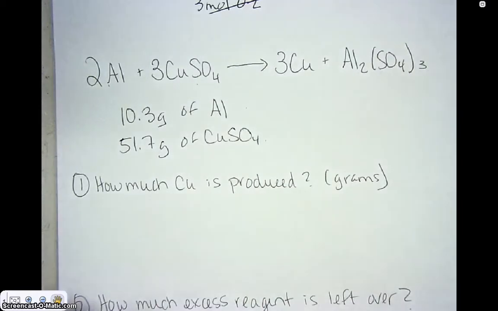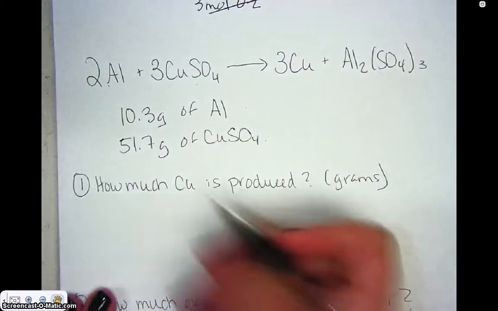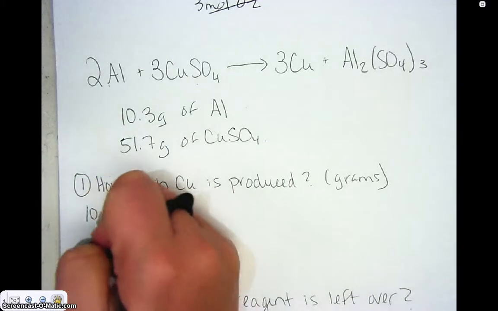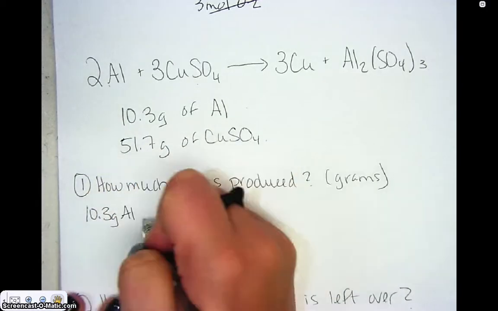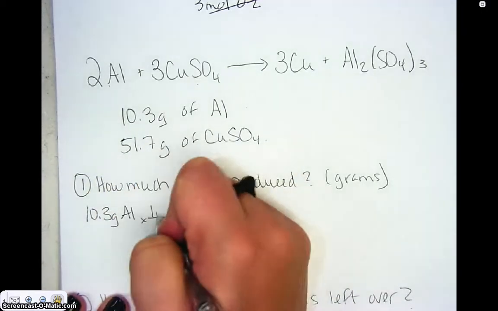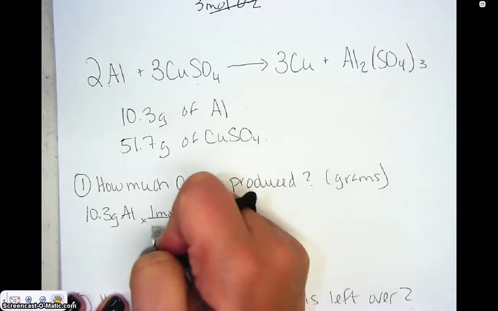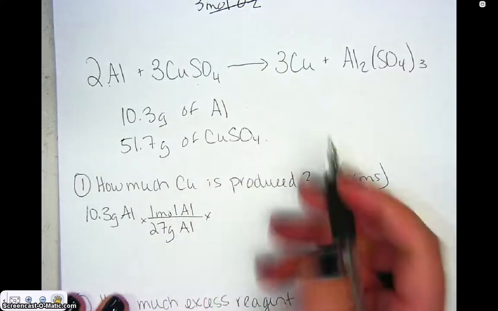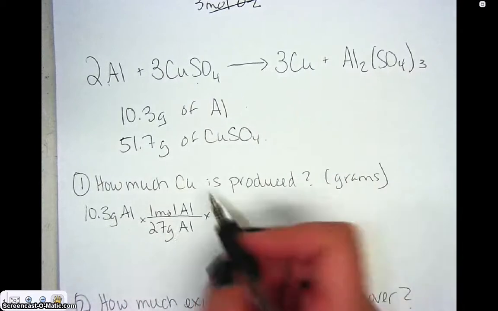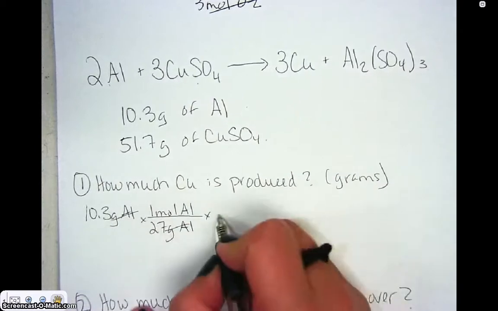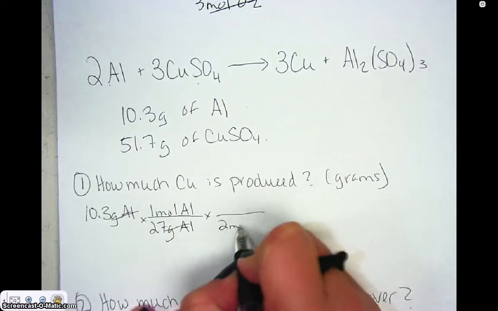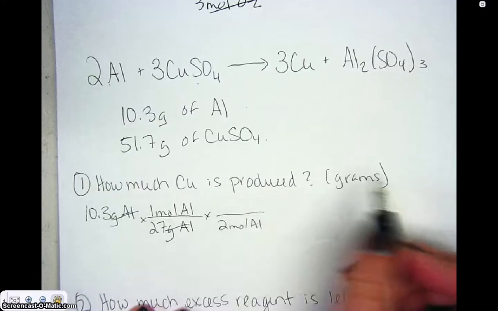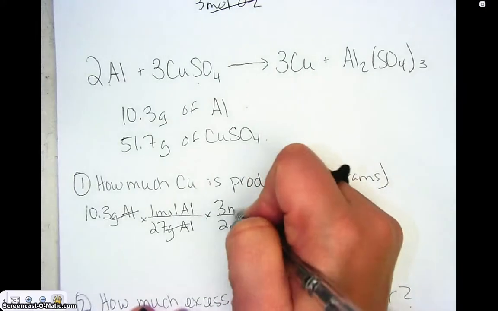So we're going to set up a stoichiometry problem, right? So we'll start with aluminum, so 10.3 grams of aluminum. Every 1 mole of aluminum is about 27 grams of aluminum. Then we're going to use our mole to mole ratio, so grams cancels. So for every 2 moles of aluminum I react, I am going to make 3 moles of copper.